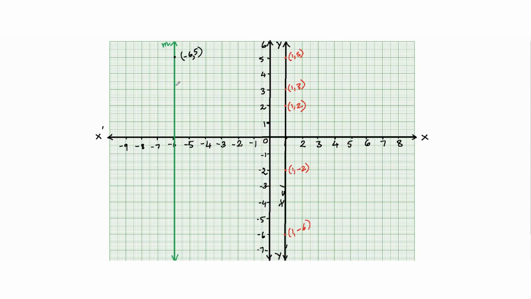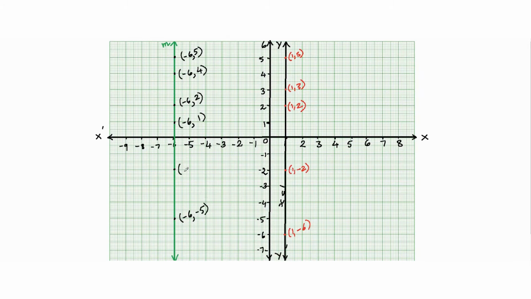For this point, the x coordinate is again -6 and the y coordinate is 2. For this point, the x coordinate is -6 and the y coordinate is 1. For this point, the x coordinate is -6, the y coordinate is 4. For the point lying over here, the x coordinate is -6, the y coordinate is -5.